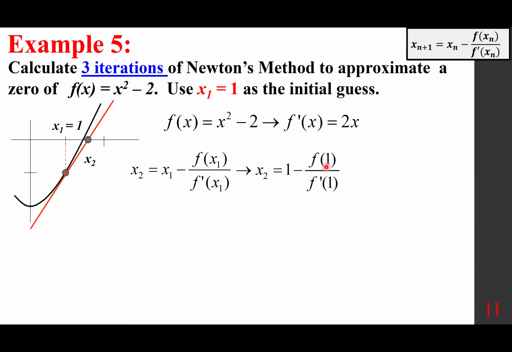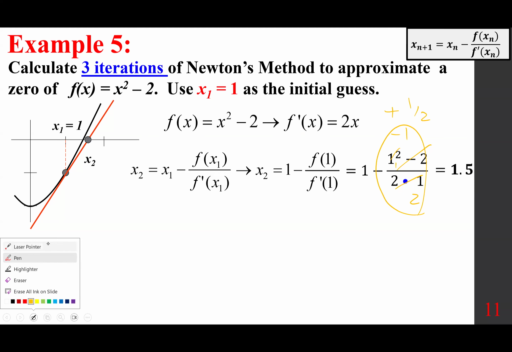So 1 minus f of 1, 1 squared minus 2, f prime of 1, 2 times 1. So obviously this is 1 minus 2, negative 1 over 2. So we get plus 1/2, 1 and 1/2, or 1.5. So the point is we found x sub 2.